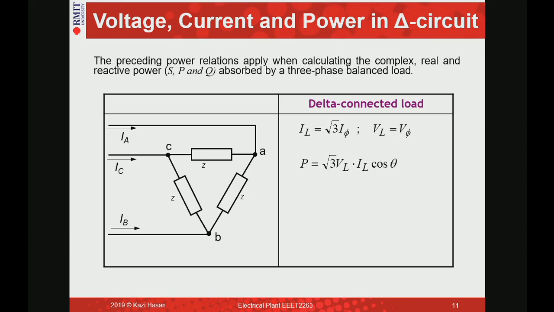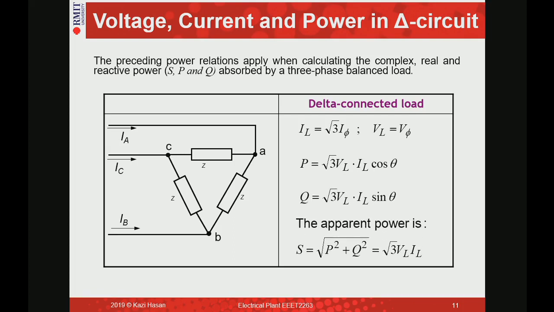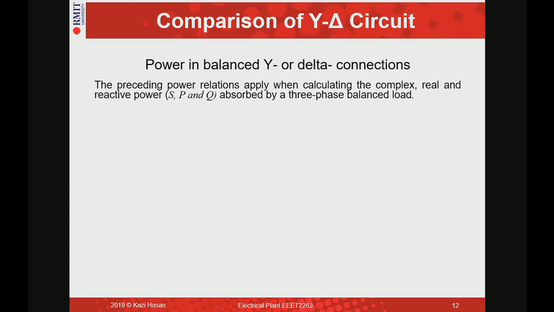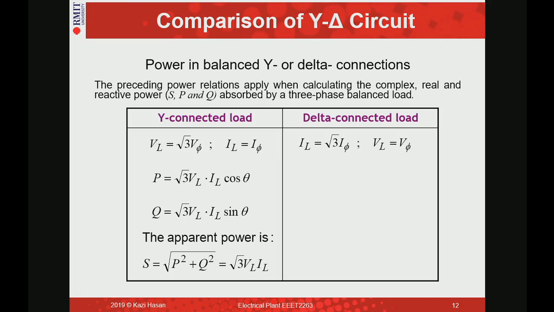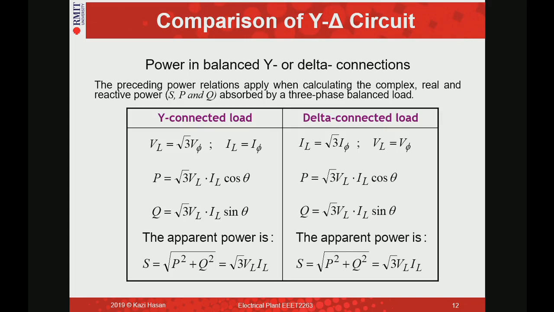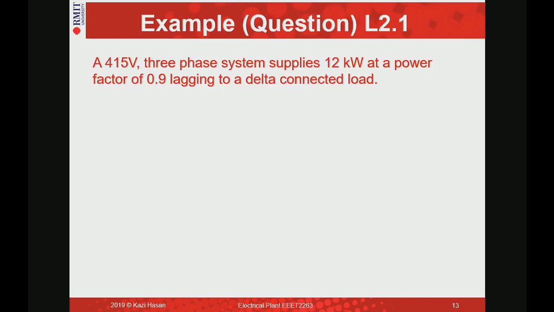If we derive the power equation, we will get the same: root 3 VL IL cos theta, root 3 VL IL sin theta, and the apparent power. This is the comparison, all the same, just the phase voltage and phase current are different.